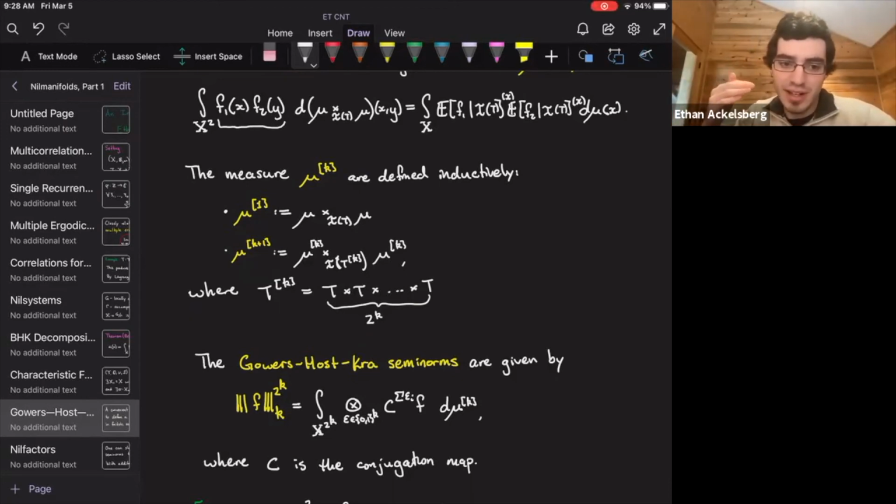If there's an even number of ones, we'll just take the function itself. If there's an odd number of ones, we're going to conjugate it. And this is for reasons of basically positivity. We need to throw in some conjugation to make things positive. And this will define a family of seminorms.